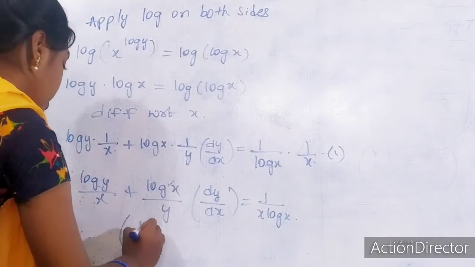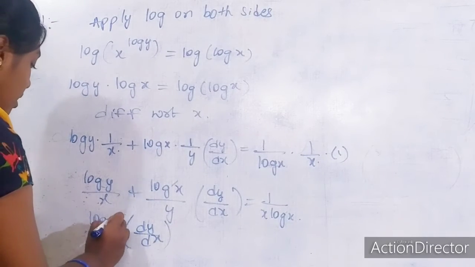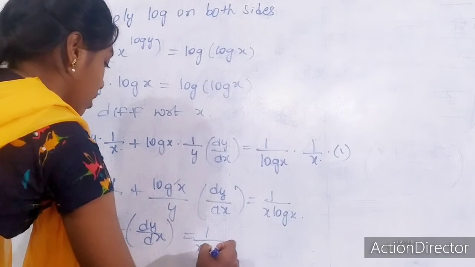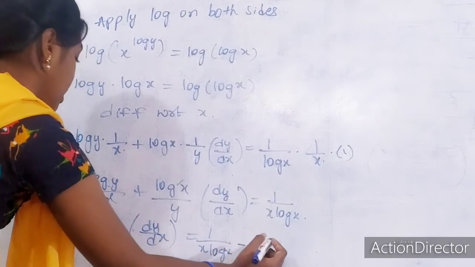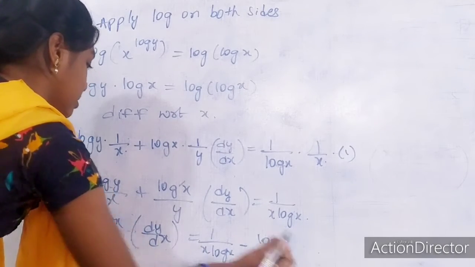So log x by y into dy by dx is equal to 1 by x log x minus log y by x.